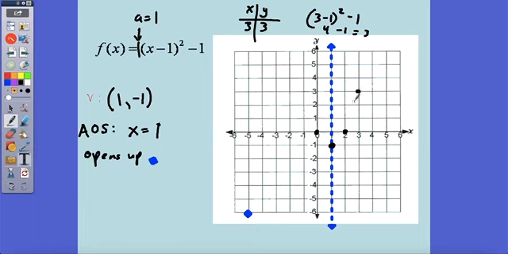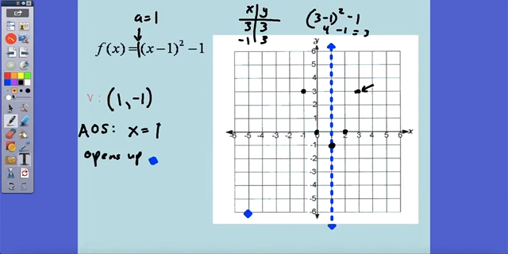So here we are, next point. And we can use the axis of symmetry to jump equidistant on the other side. So we found this point, and then we use it to find its symmetric partner point, its reflection across that axis of symmetry. That would be the point (-1, 3). You don't need to put that up here, but had you plugged in -1, it would confirm that it was also 3.